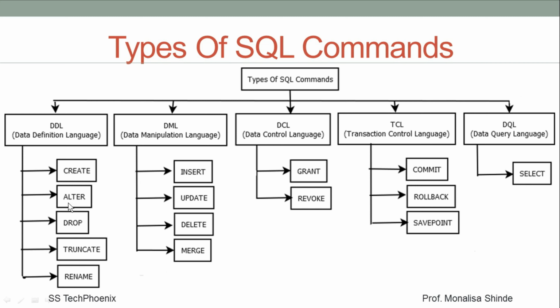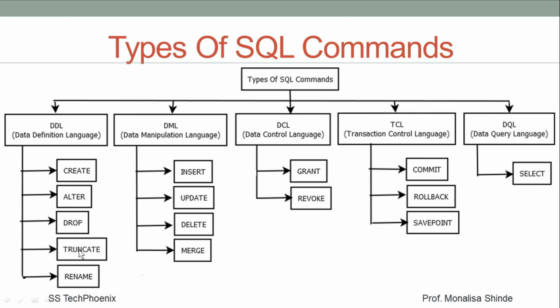Alter table: if we created some table and we want to change the structure of the table, meaning we want to add or remove any column, then we can use the alter command. Drop table will completely drop the table from the database, which means the structure will be completely deleted from the database.